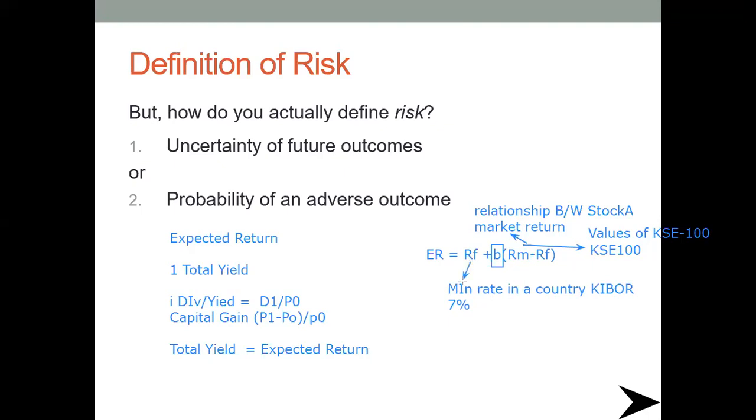Again, the risk-free rate of return is there. If you know the market information, that risk premium part, if you know the value of that risk premium, you can easily calculate the expected return of a particular security.